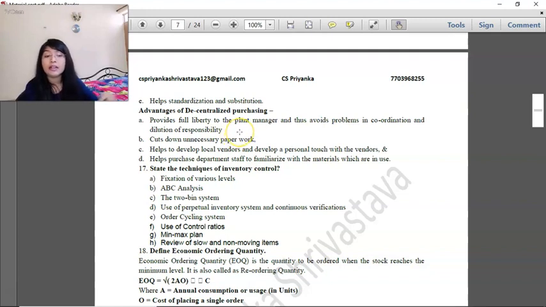Now in case of decentralized purchasing, what will be the advantages? It will give full liberty to the plant manager, and it will help in avoiding problems with coordination.